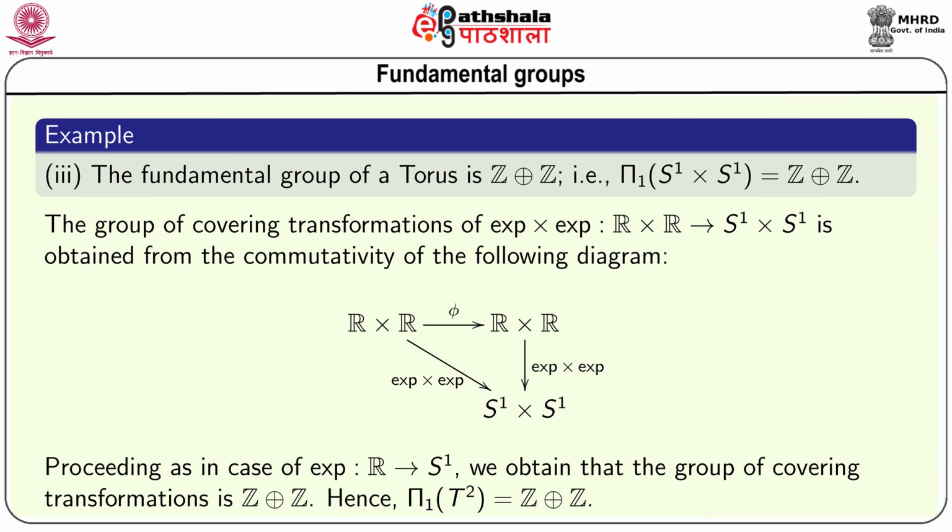Then from the commutativity of the diagram and applying the same technique, we get that the group of covering transformations of the torus is Z direct sum Z.